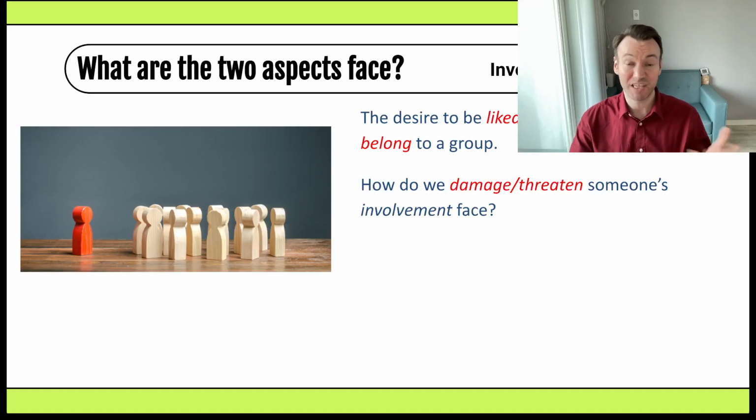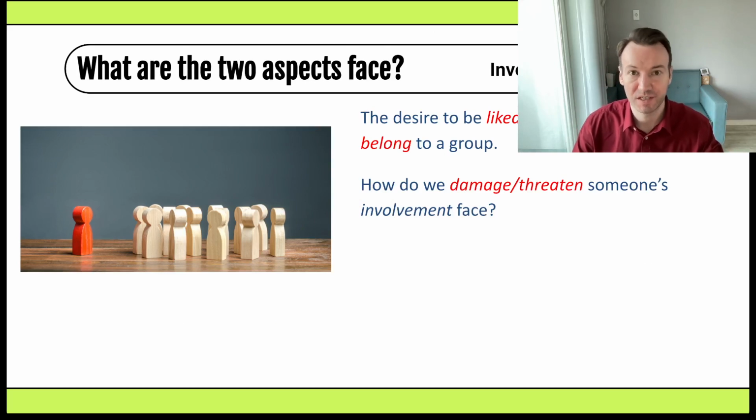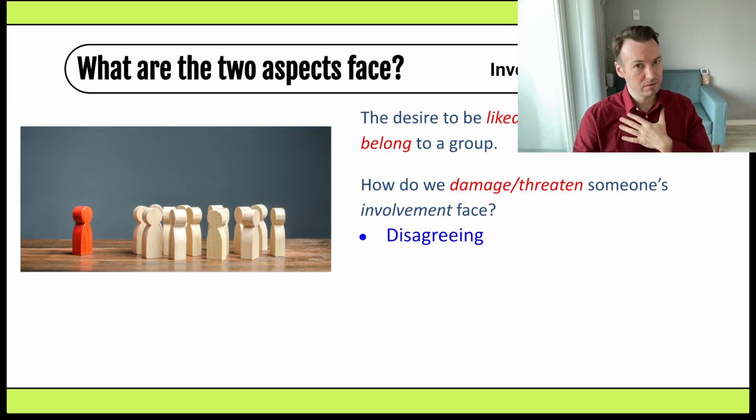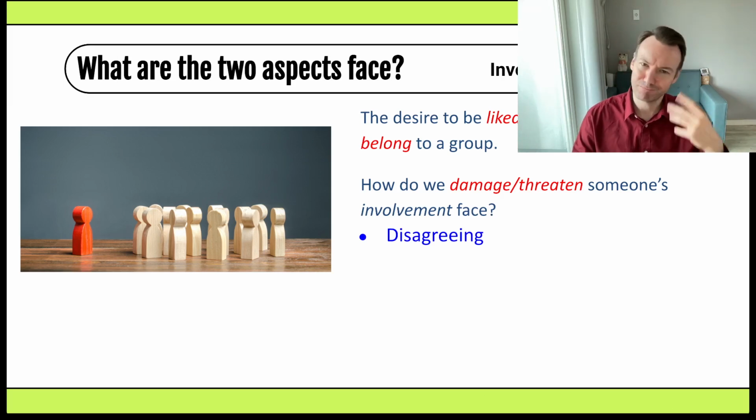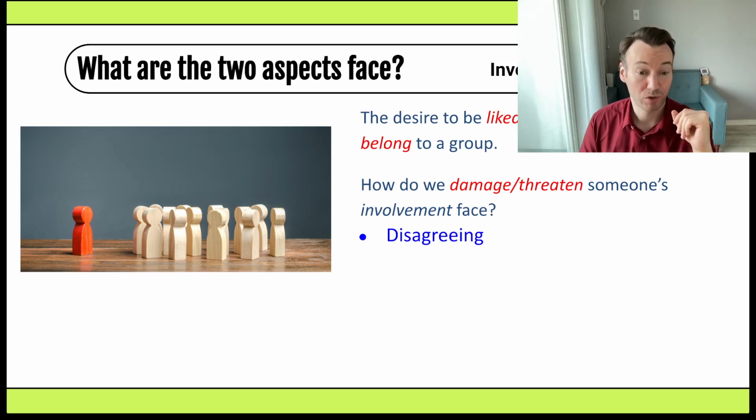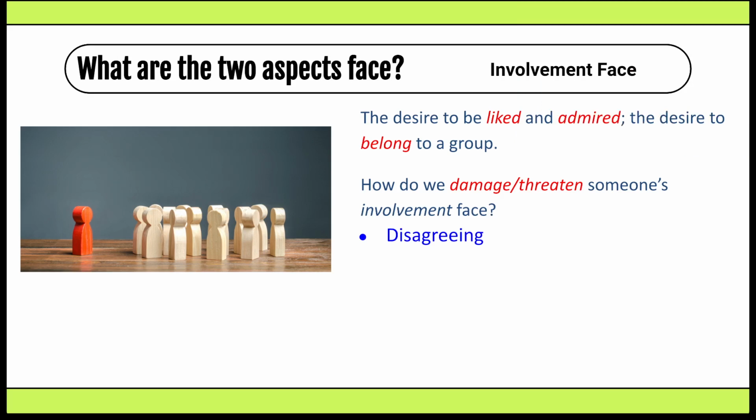How might we damage or threaten it? It might be by disagreeing with them. Someone says their opinion, you disagree, and they feel hurt by that. They feel maybe humiliated or upset or dishonored by it, depending on the person. So this would damage or threaten their involvement face.